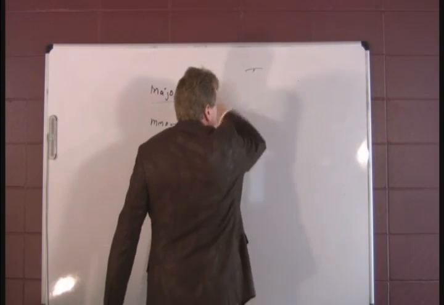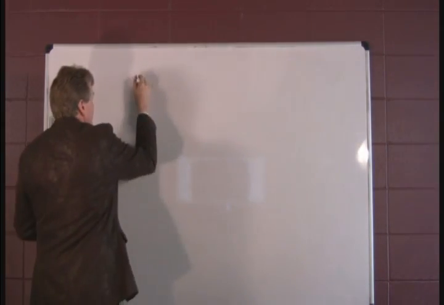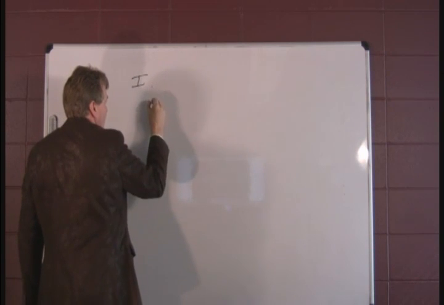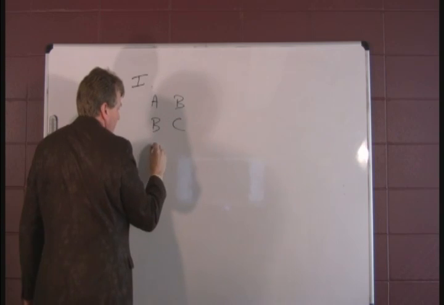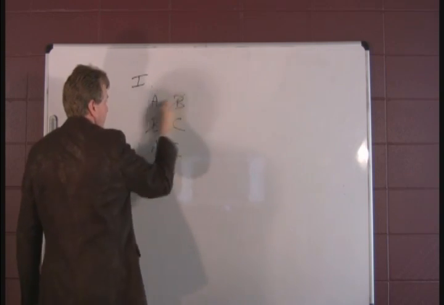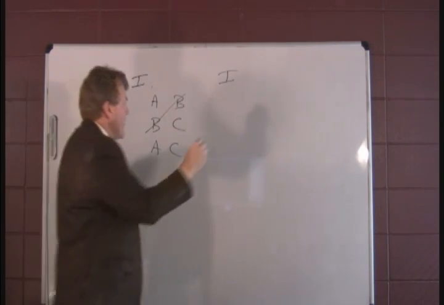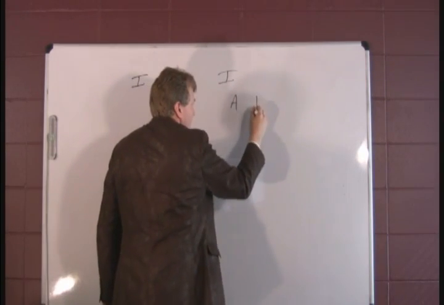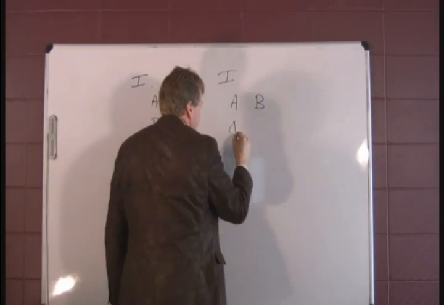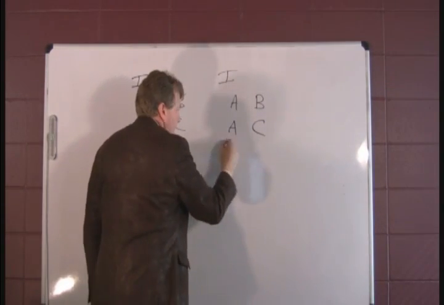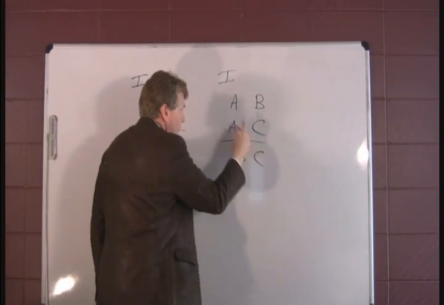So we will now compare that with other figures. Figure 1, we'll just put it this way: all A's are B, all B's are C, all A's are C. There's figure 1. Figure 2 goes like this. Let's say all A's are B, all A's are C, and then all B's are C, right? Well, of course, that wouldn't follow.